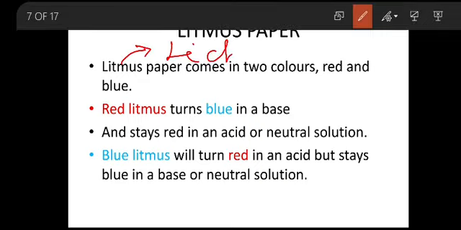So a blue litmus paper and red litmus paper will show some changes in color to identify the given solution. A red litmus paper will turn blue in case of a base and it will stay red in case of an acid or neutral solution. When I mean neutral solution, it is none other than my pure water.